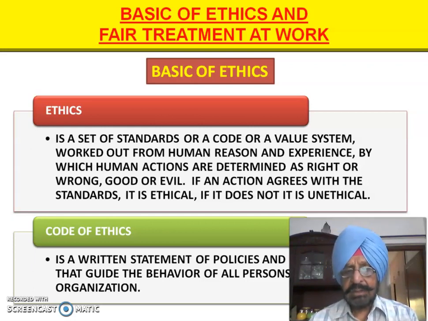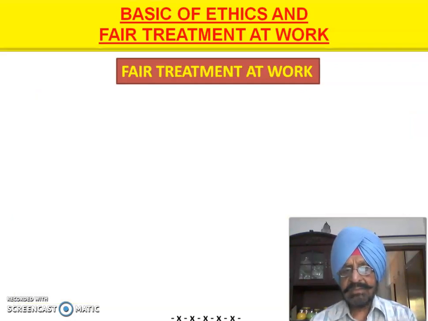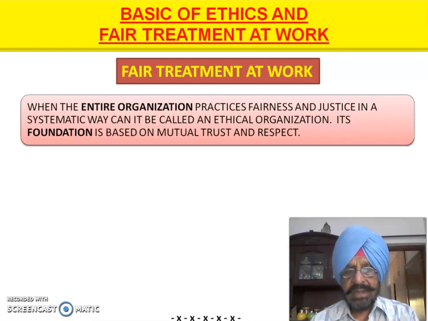After seeing the meaning of ethics and the code of ethics, let us see the next one, that is fair treatment at work. Fair treatment at work means everybody in the organization is treated equally. The meaning is that when the entire organization practices fairness and justice in a systematic way, it can be called an ethical organization.